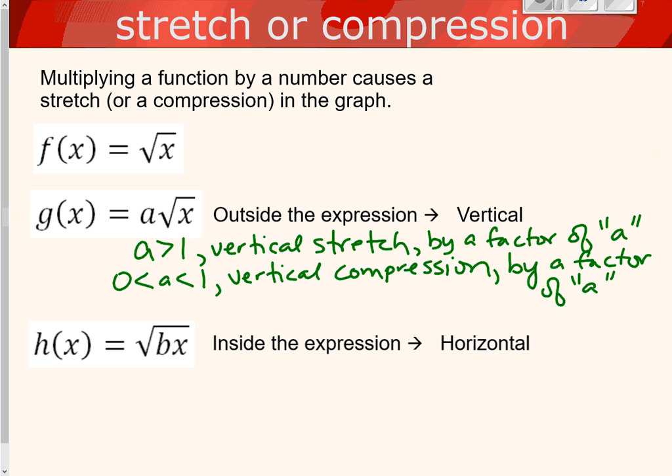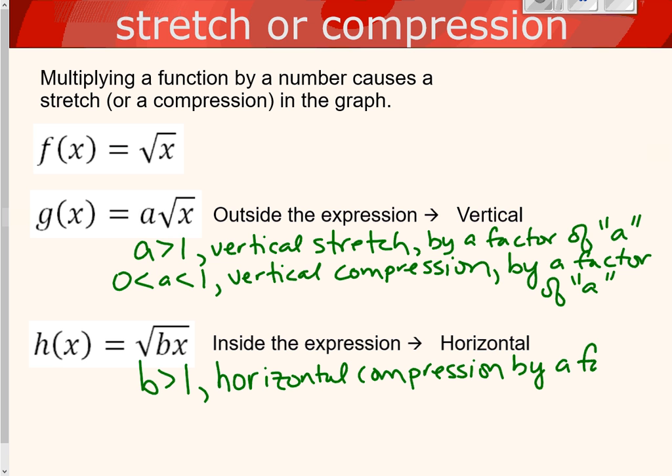Now, if the number is on the inside of the expression, it's going to be horizontal. And this is a little bit different: if b is greater than 1, then we say it's a horizontal compression by a factor of 1 over b.